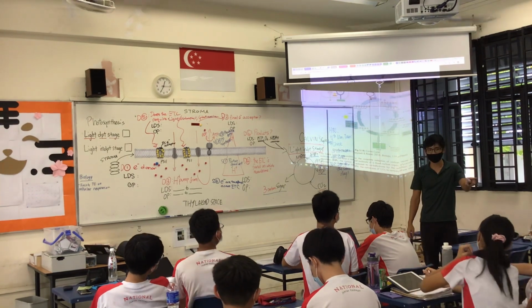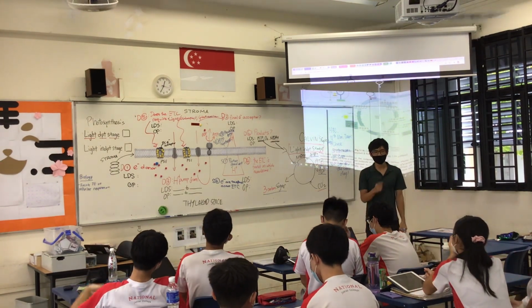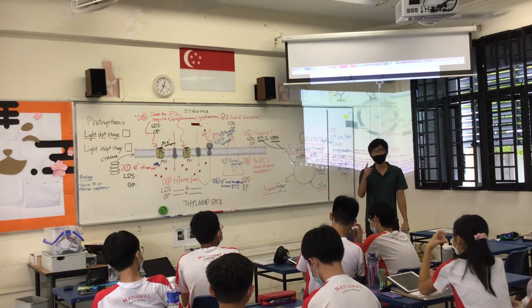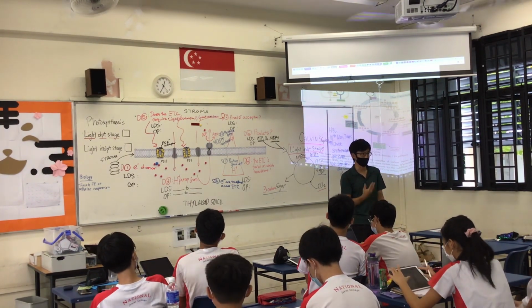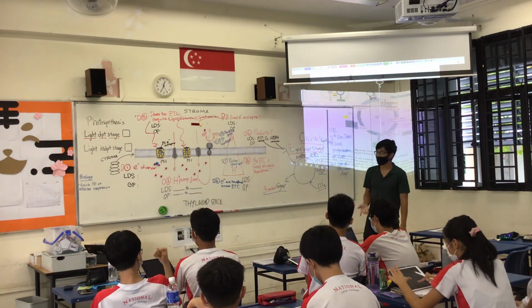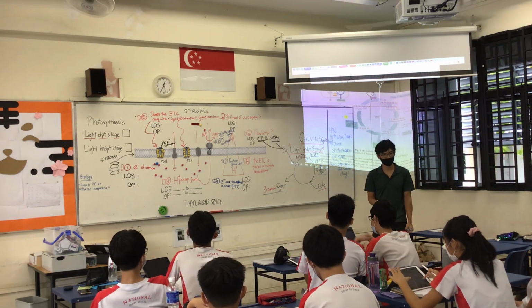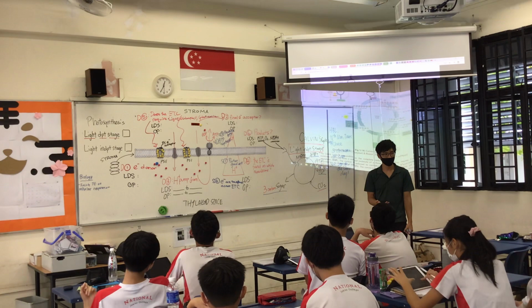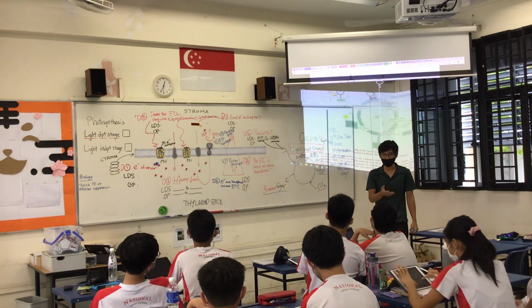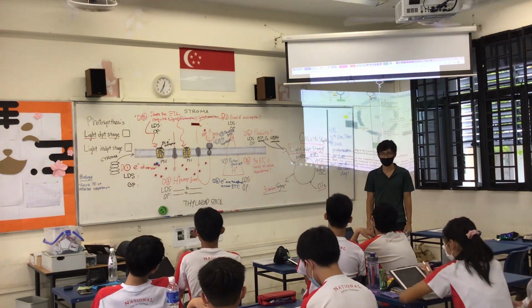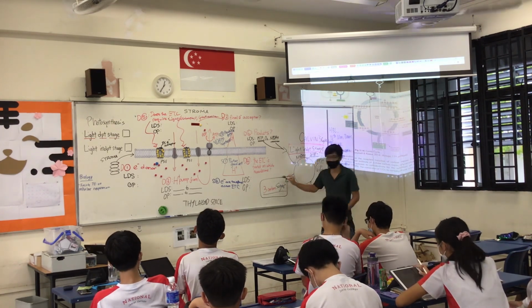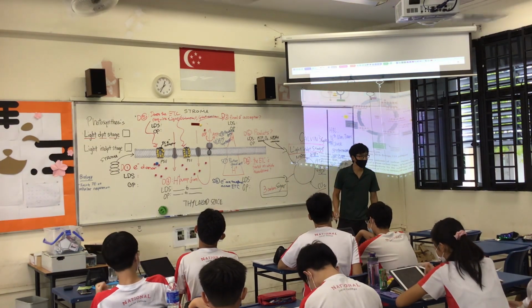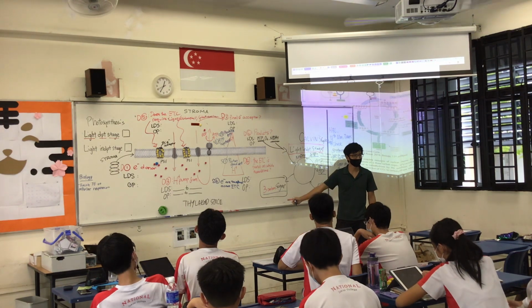Okay, this is a very interesting question. You see, the point of cellular respiration is so that we can produce ATP, right? What is the point of photosynthesis? Produce food, right? Then my next question to you is this. What is this food for?